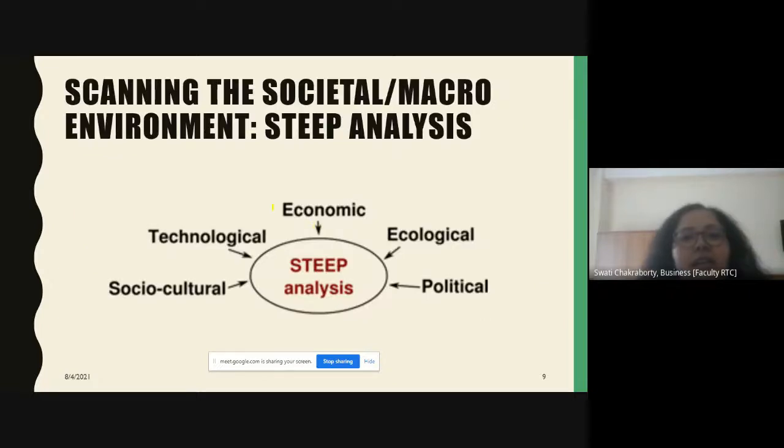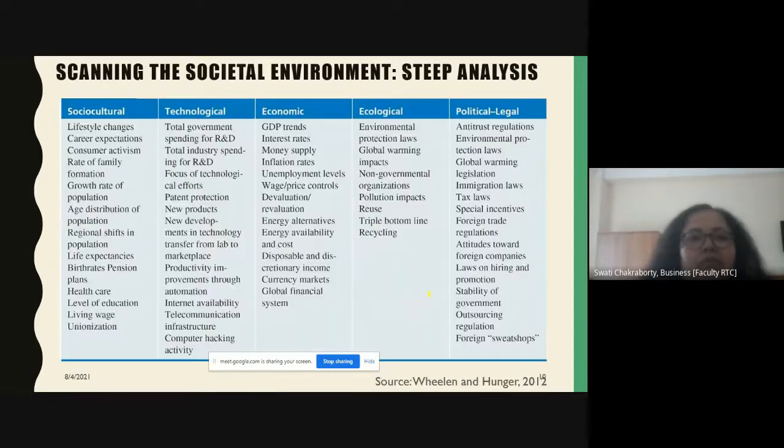Okay, so scanning of the societal or macro environment. How do we do it? We use the STEEP analysis. S stands for socio-cultural, T for technological, E for economic, the second E for ecological, P for political. An organization has to analyze these factors to get to know what are the challenges and what are the opportunities in that economy.